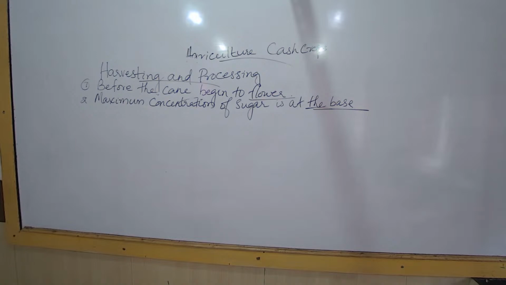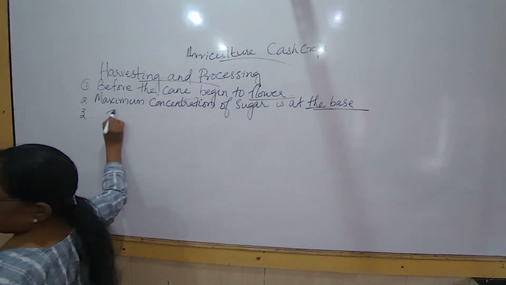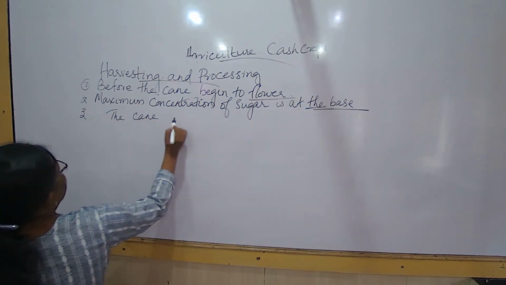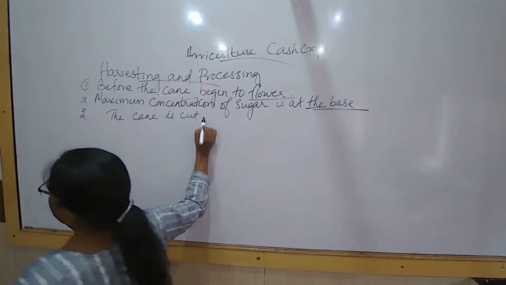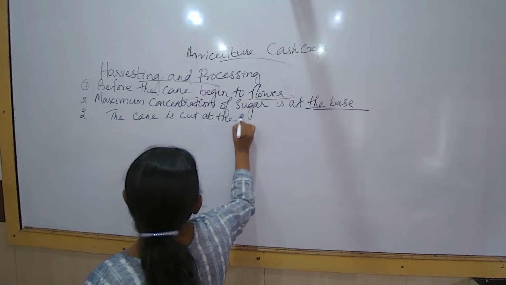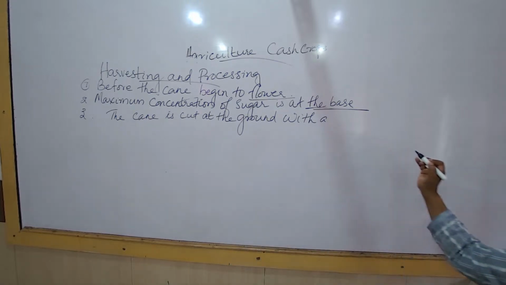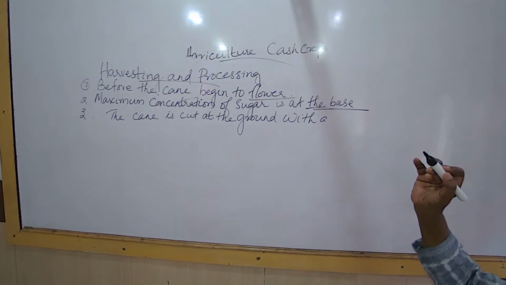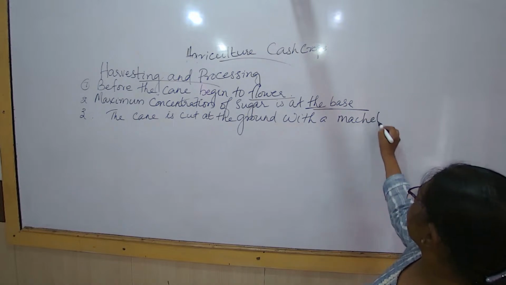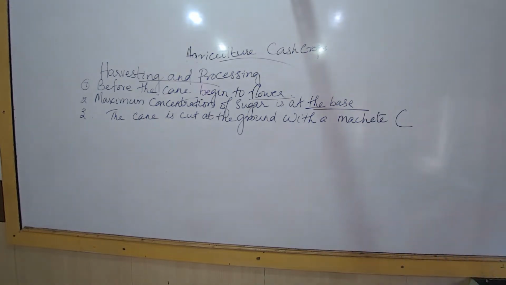The cane is cut at the ground level with a machete. A machete is a curved knife, like a big knife.